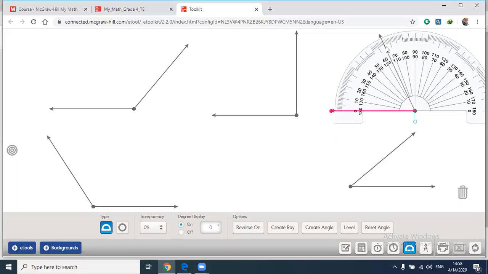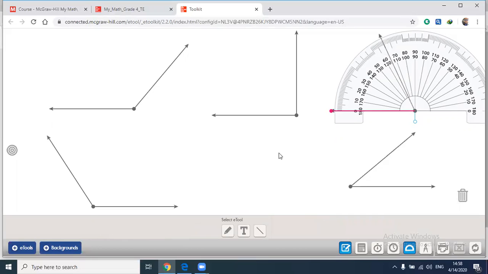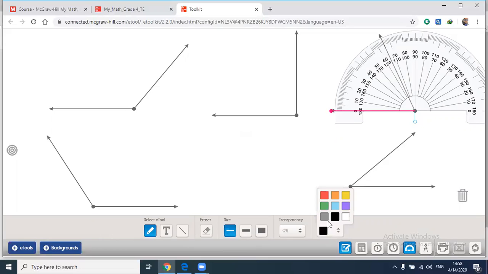So the measure of this angle will be 65. Here I'll make an arc like this, and then I'll write here the angle is measured 65 degrees.